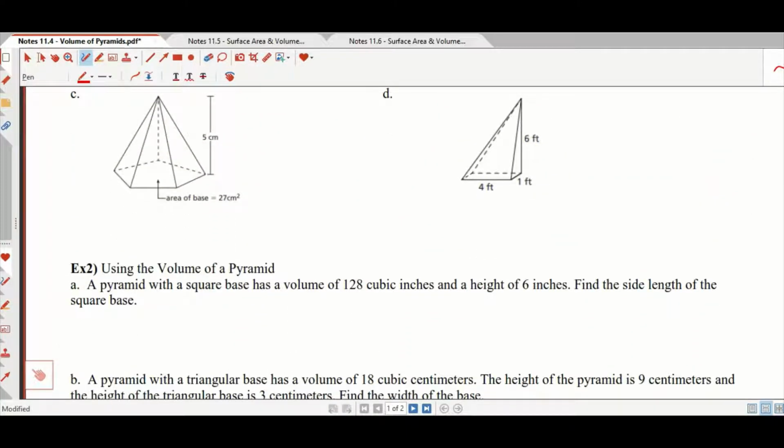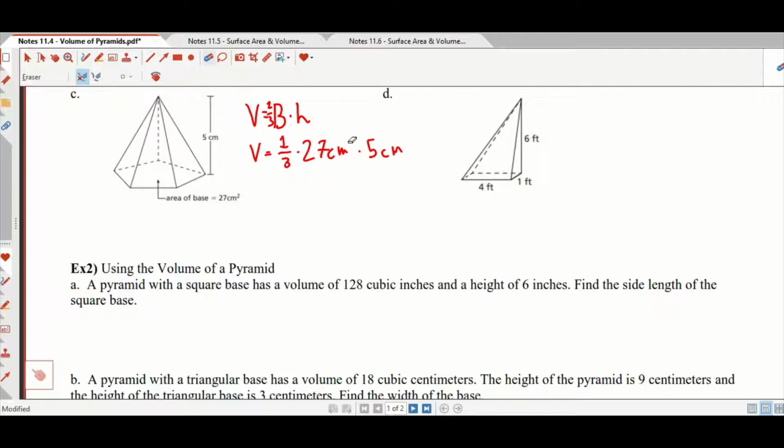Now this is nice because they actually tell you the area of the base is 27 centimeters squared. So that means that if the volume of a prism is the area of the base times the height, the volume of a pyramid, because it's 1/3 of that, is going to be 1/3 times the area of the base, 27 centimeters squared, times the height, which is 5 centimeters.